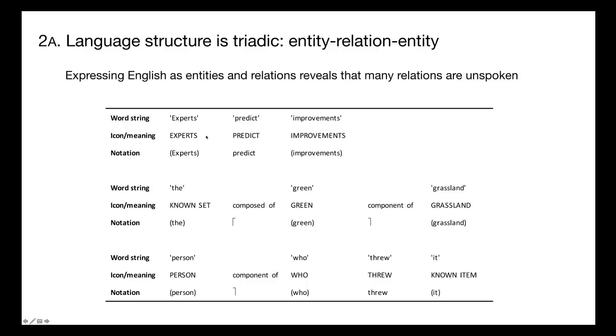The capital letters are a standard kind of abbreviation in the field, meaning here's the meaning of the word. I'm going to notate this with parentheses around the entities, and the relations don't get parentheses. So you see here we have an entity, a relation, and an entity.